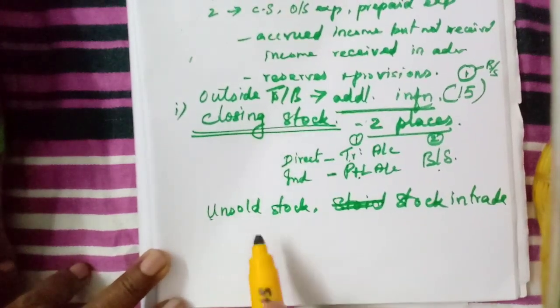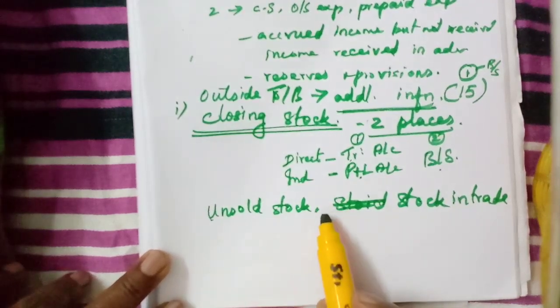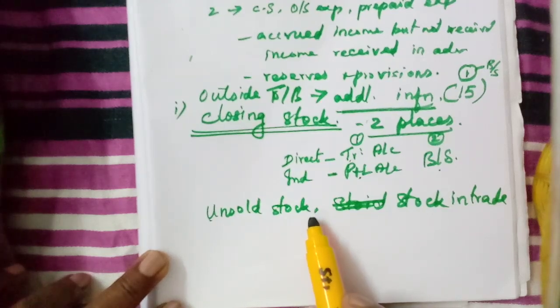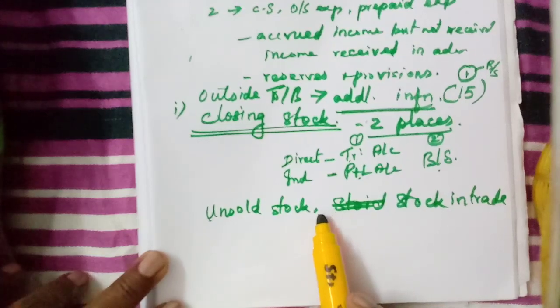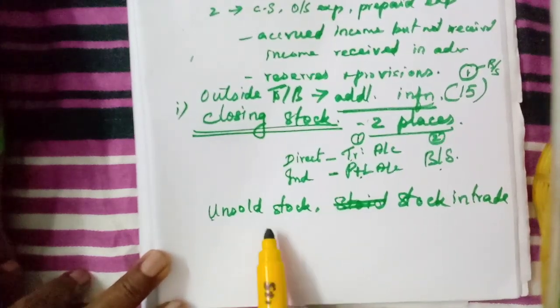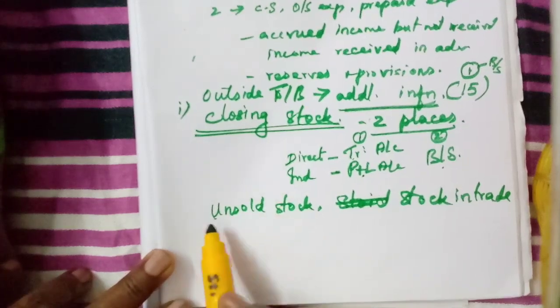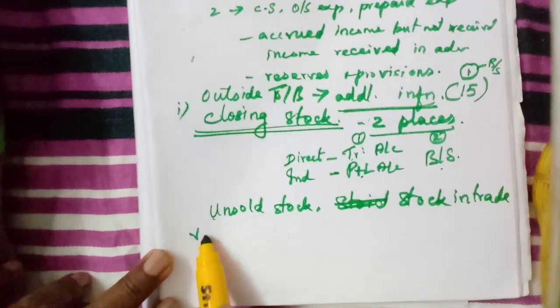At the end of the accounting period, that means on 31st December or 31st March, the stock that remains without being sold is called closing stock. Here one more rule you have to remember: we have to value the closing stock.